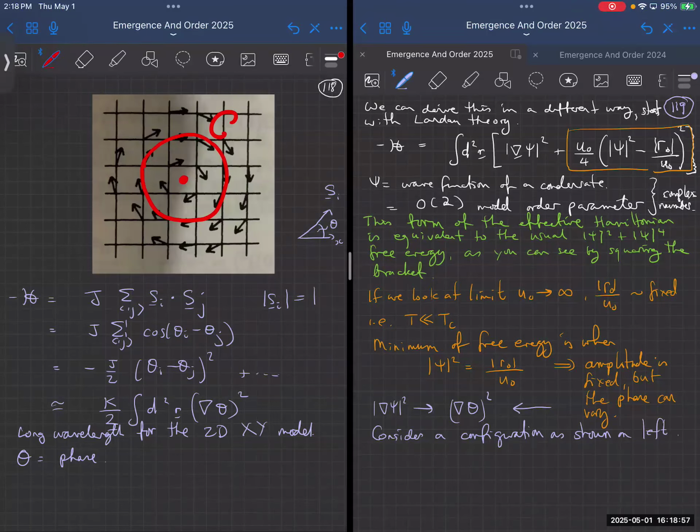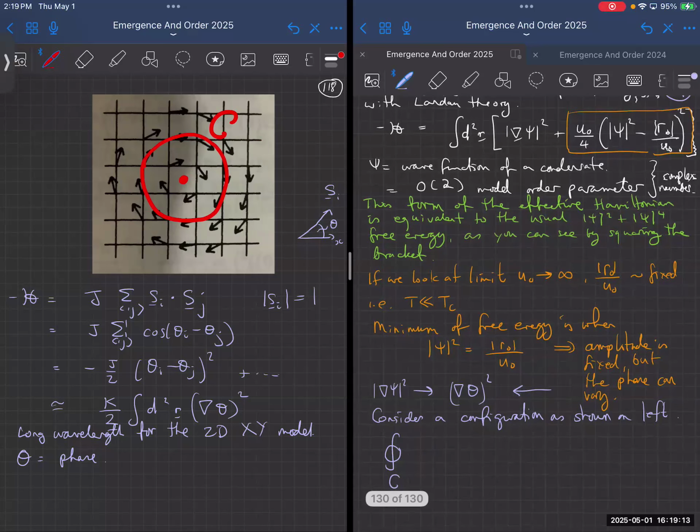So if we take the line integral around this contour C of grad theta dotted with dr, that thing is equal to the integral d theta as I go around the curve, because grad theta dot dr is just d theta from multivariate calculus.